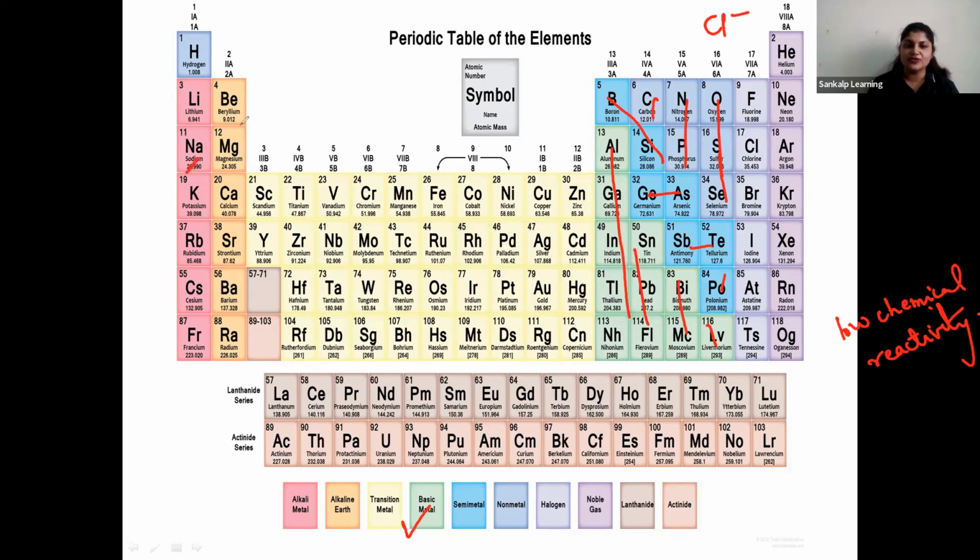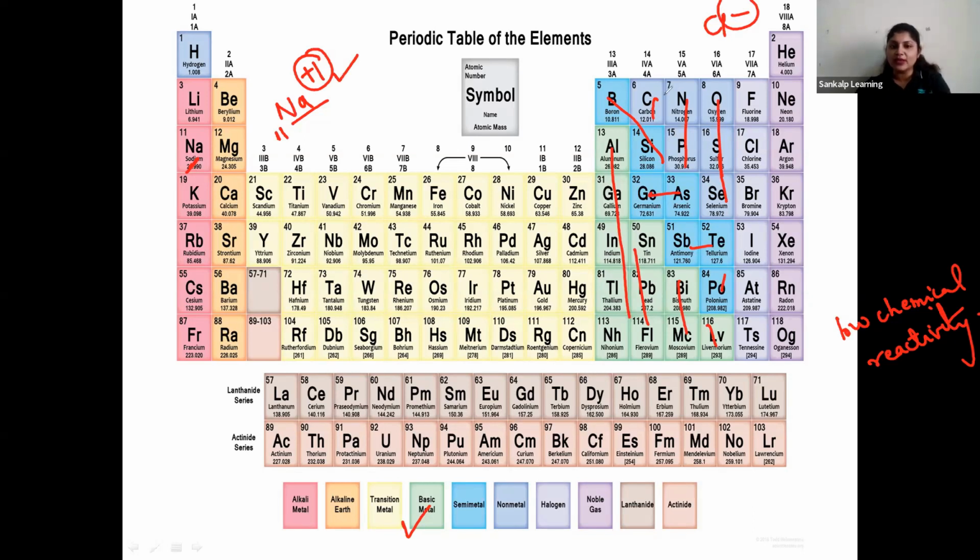Sodium, with atomic number 11, will give an electron. To be more stable, it will follow the octet rule, so it will be in +1 state when it gives electrons. This is called electropositive, and these are called electronegative. Non-metals gain electrons, so they are called electronegative.